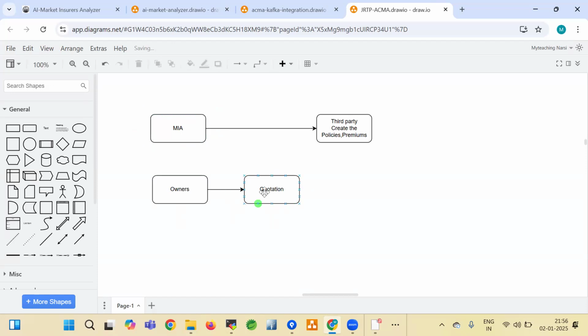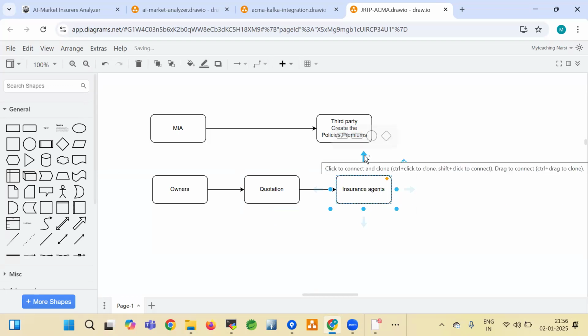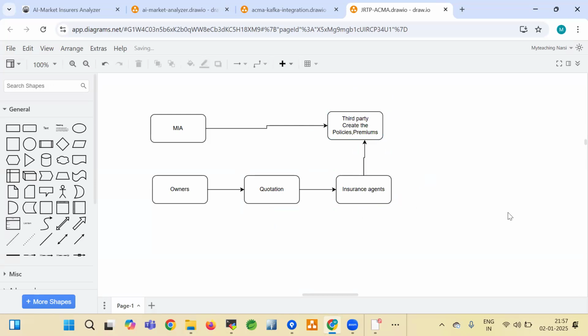The property quotation will be verified by the insurance agents, and these insurance agents will approve or reject it to convert it into the insurance premium. This is the flow, right? Of course, I have just drafted it, but there is a lot involved. When we go to the detailed implementations, there are a lot of things we need to discuss. But in outline, this is what it is.